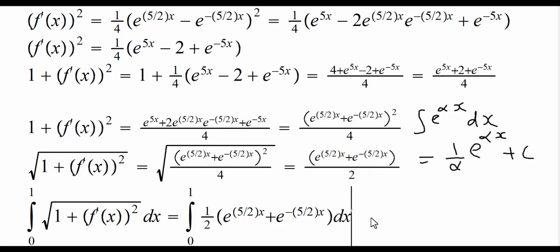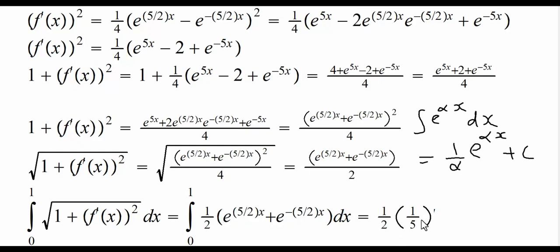We shall have that you can factor this 1/2 out. And then when I'm integrating e to the 5/2x, it will be 1/(5/2), which will flip to 2/5, and this will remain exactly the same.